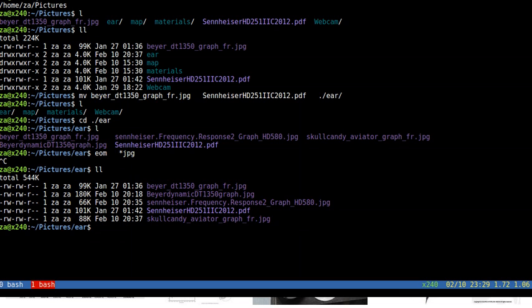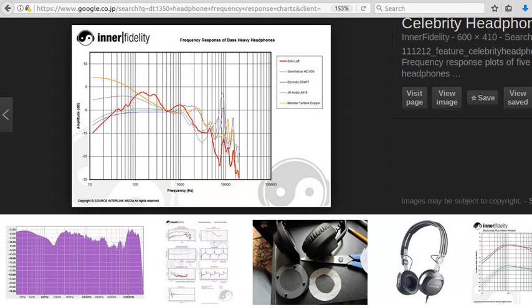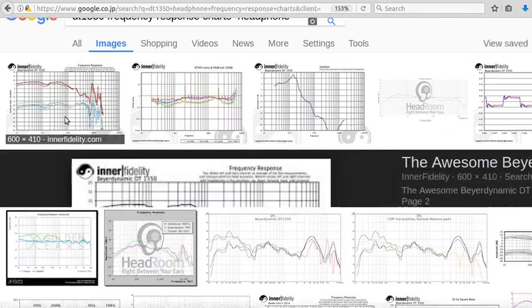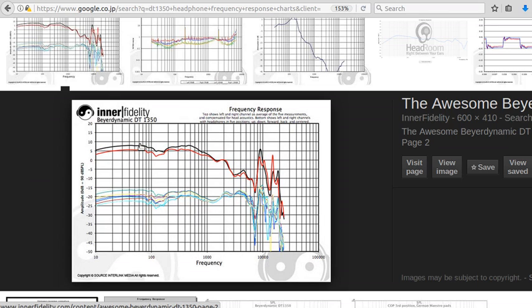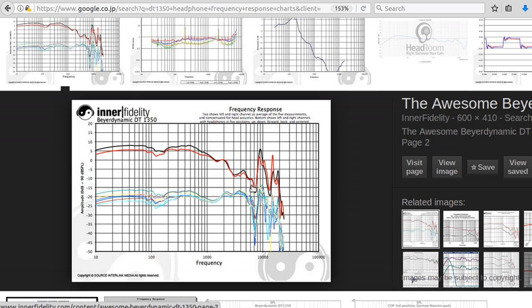If we look at the Sennheiser HD25, it will have a bump at around 150 Hertz, and it will give a little bit earlier roll up before the 7 kilohertz.